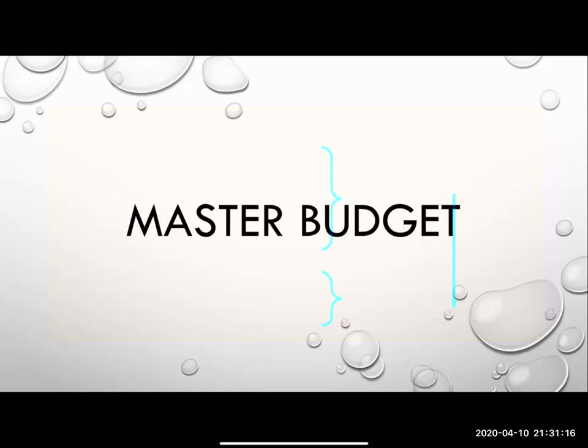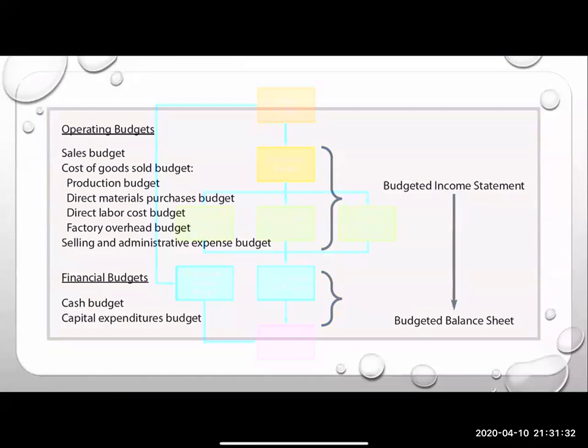And then you have your financial budgets such as cash and capital expenditures. And on the right-hand side, you see how you come up with a budgeted income statement and a budgeted balance sheet.